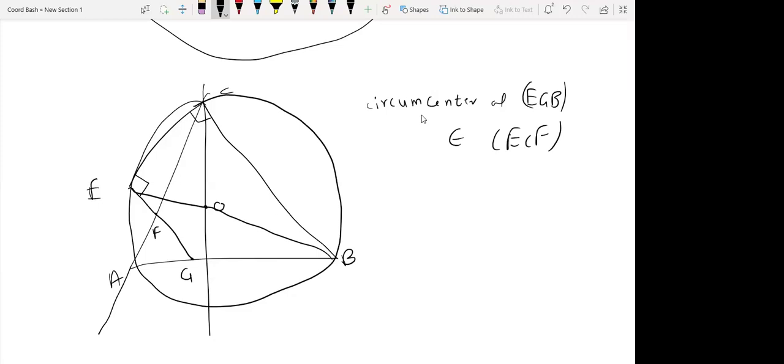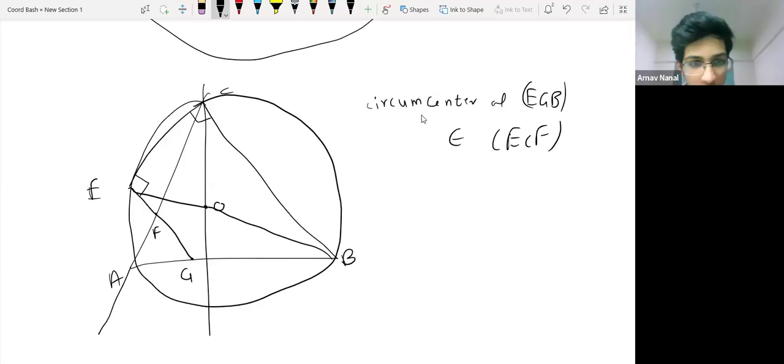Okay, so basically after some experimentation, you get that the circumcenter lies on CB. So you basically have to show that this thing is the circumcenter. I got that by drawing a few figures. Now it makes a lot of sense why I had chosen this.